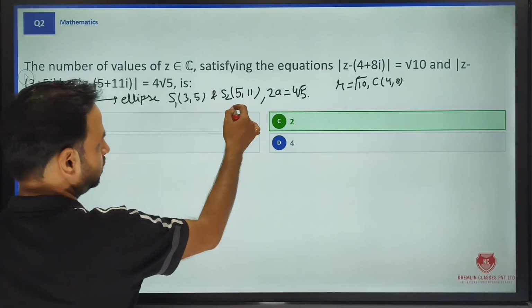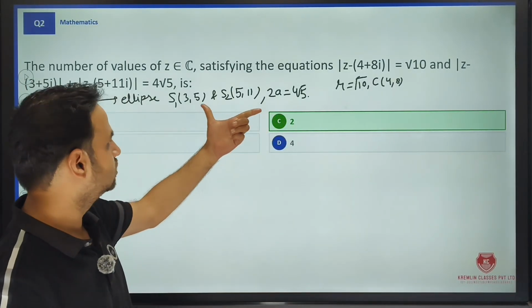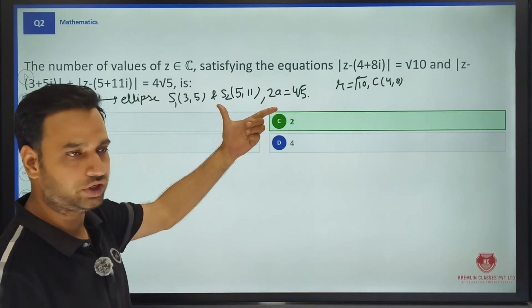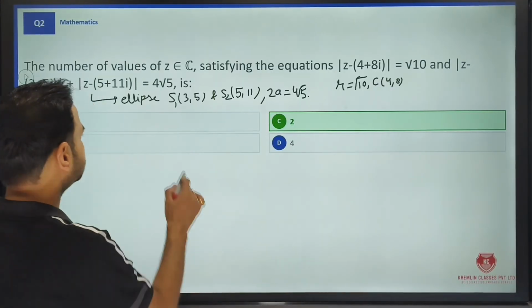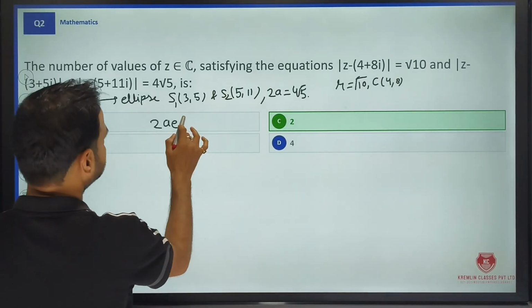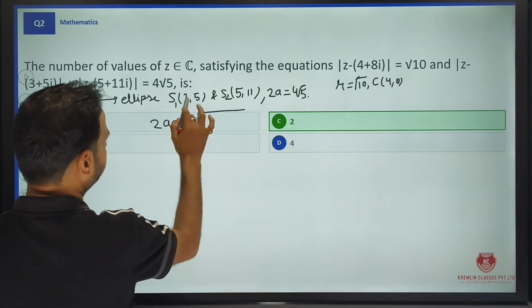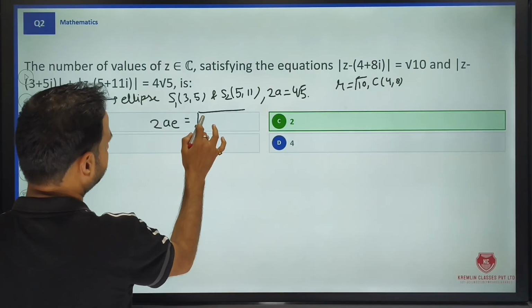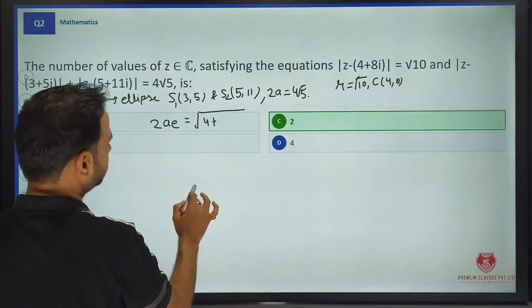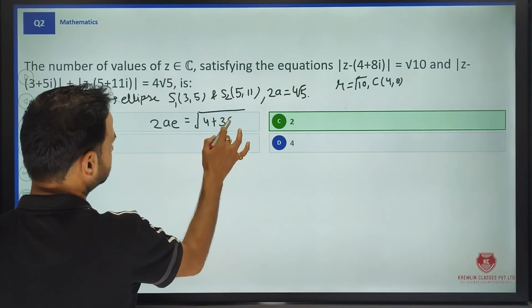So we can draw a rough figure for that, but for that I need the values for the ellipse, starting with the eccentricity. The eccentricity is 2ae over 2a, where 2ae is the distance between the two foci. The distance between the two foci is the root of (5 - 3) squared, which is 4, plus (11 - 5) squared, which is 36.